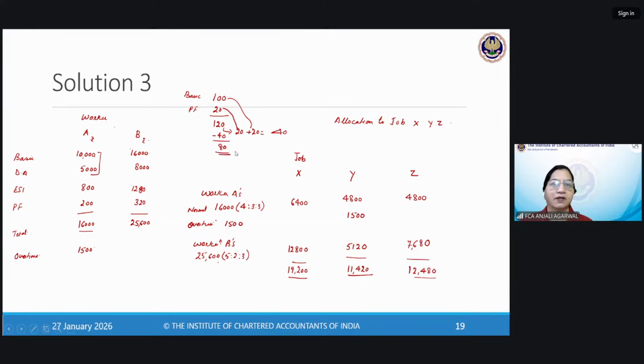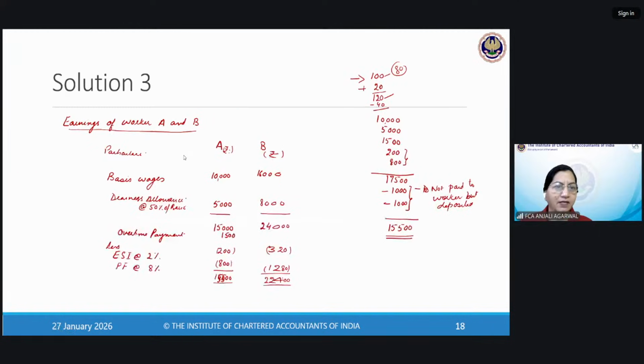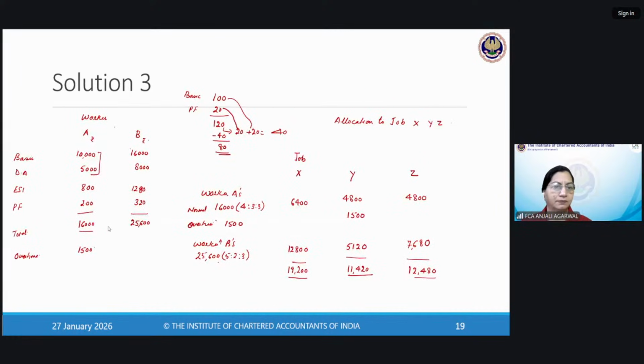That's the concept. Employee's contribution is always part of within the basic and DA. From there, the deduction will be made. So when I'm calculating what he will take away home, then I have deducted from his share only. From this 15,000, I have deducted the 1,000. But when I'm paying, I'm not just paying 15,000 and 1,500. I'm also paying another 1,000. Okay.